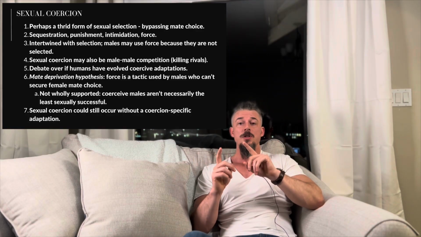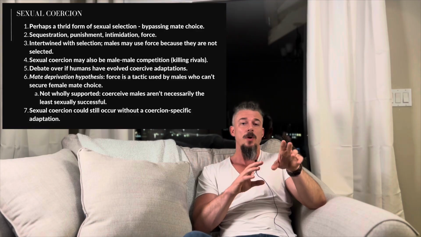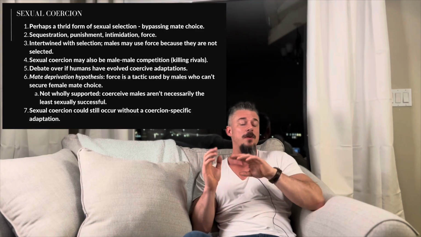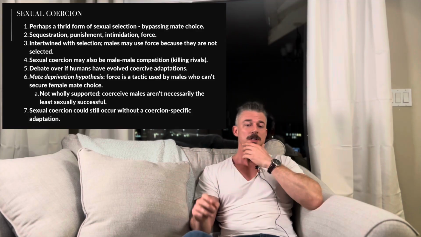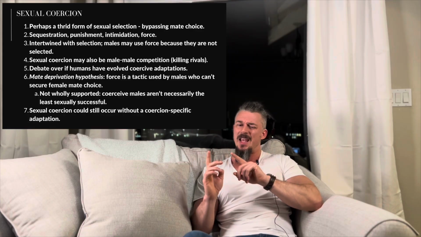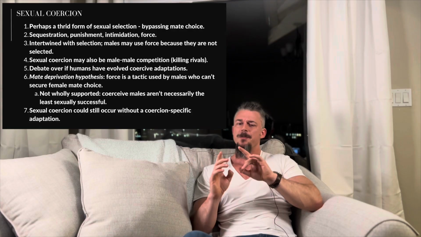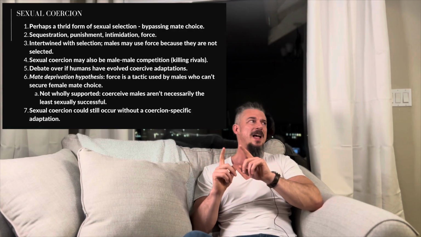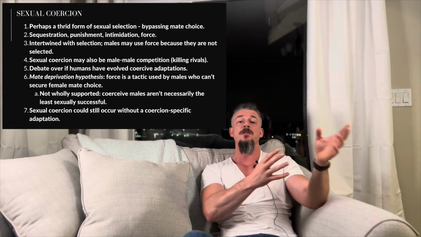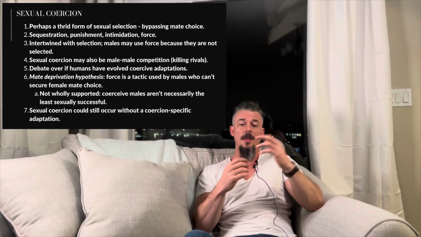Males might use force because they're not actually selected, right? So they're being pushed out of the voluntary mating market. Oh, got to use force now. Is that actually the case? Research doesn't actually seem to support that, but that's one hypothesis. Sexual coercion may also look like male-male competition, right? Killing rivals, capturing the women, that kind of thing.